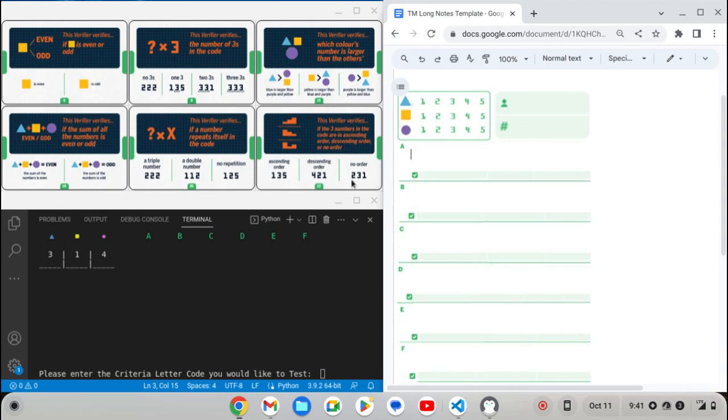So let's take a look at this example of 231. Notice that it goes from 2 to 3, so it increases, but then it goes from 3 to 1 and then decreases. This shift from increasing to decreasing, or alternatively, decreasing and then increasing, is one way to define the 3-digit code to have no order.